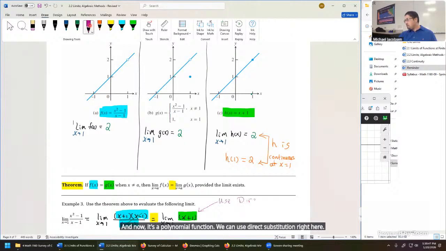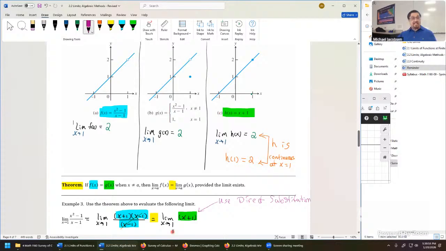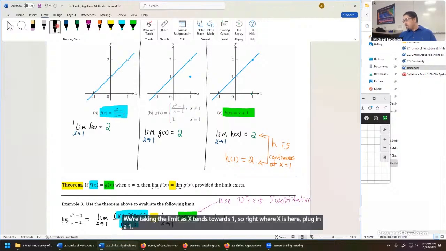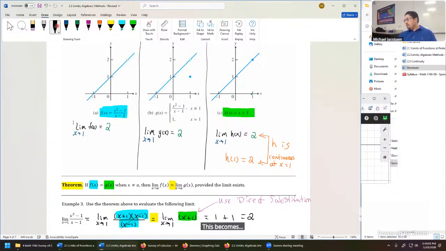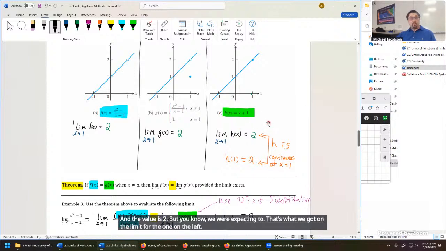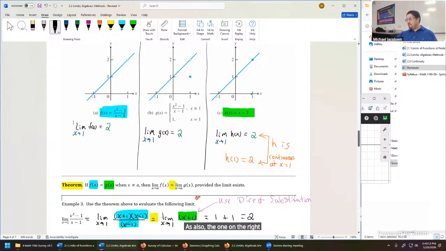We're taking the limit as x tends towards 1, so where x is, plug in a 1. This becomes 1 plus 1, and the value is 2. That's what we were expecting, the same limit we got for the one on the left and the one on the right at the same time.